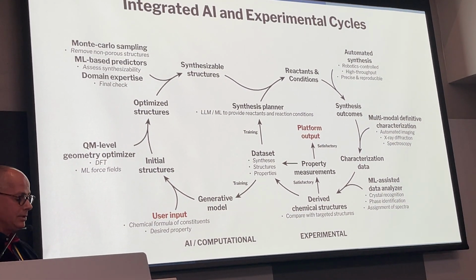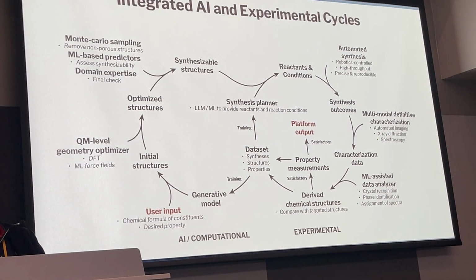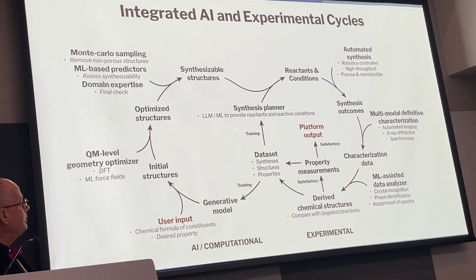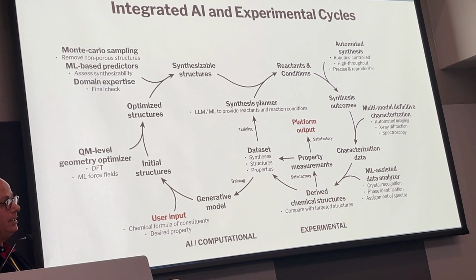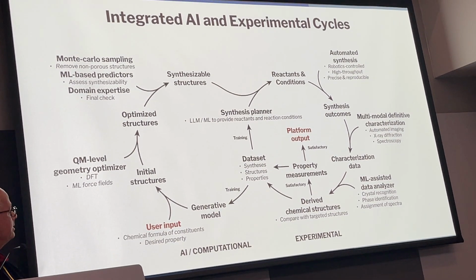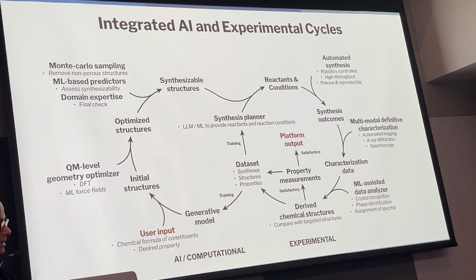Using this AI, computational, and experimental combination is quite powerful, because you get to put in the good data and the bad, the experiments that didn't work. That's all embedded in the cycle.